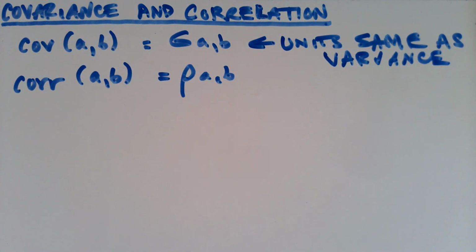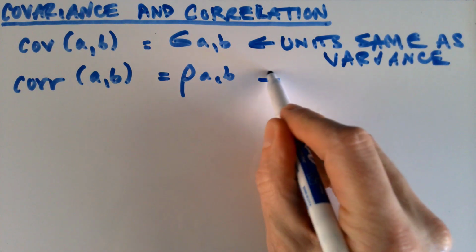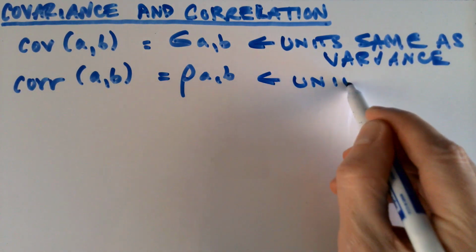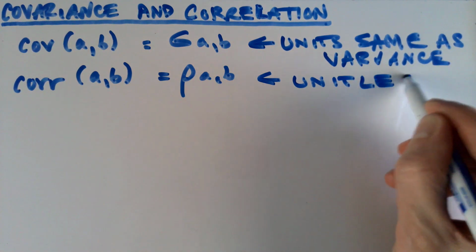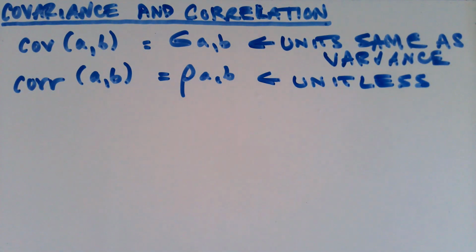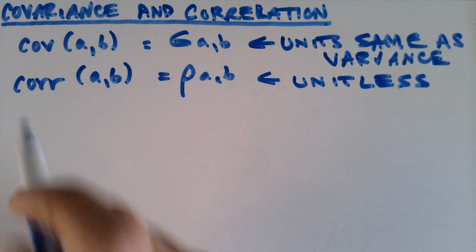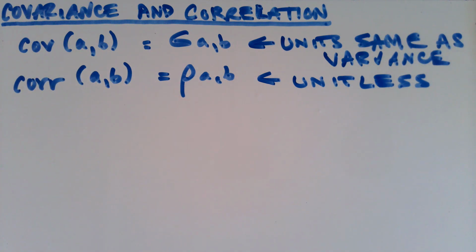Now, correlation, on the other hand, is unitless, and you'll see why that is here in a second. The problem with covariance is that we don't know how to interpret it, because nobody, regardless of how much education they have, can properly interpret percent squared.